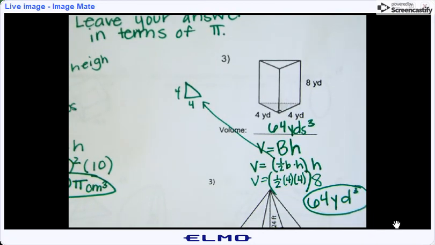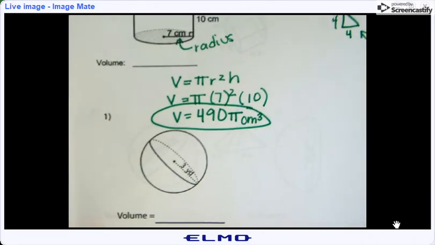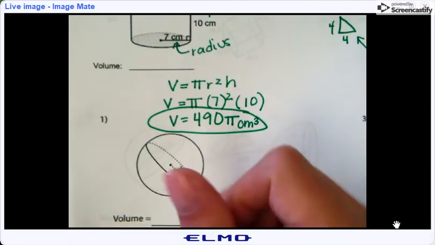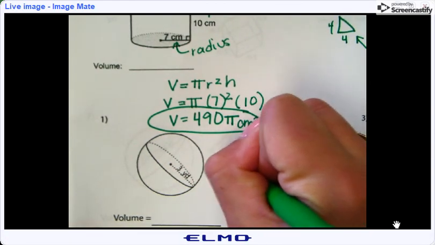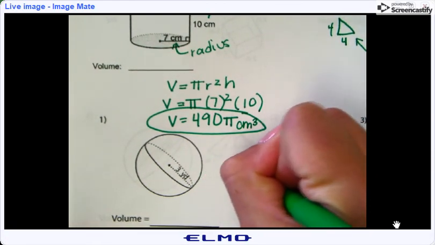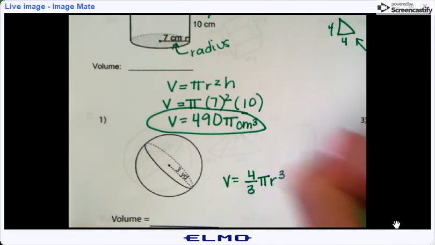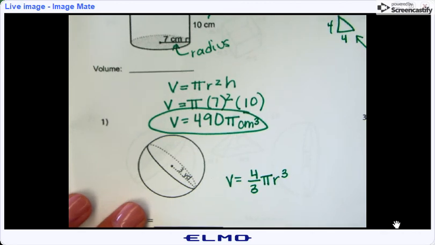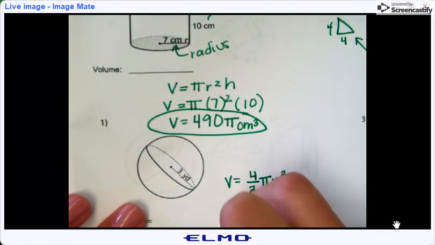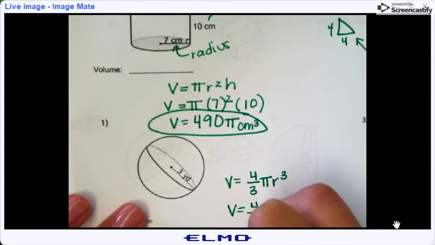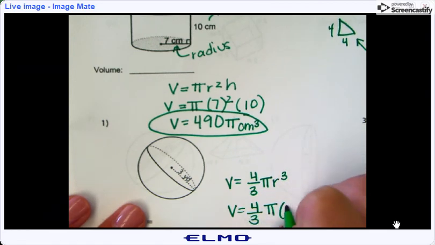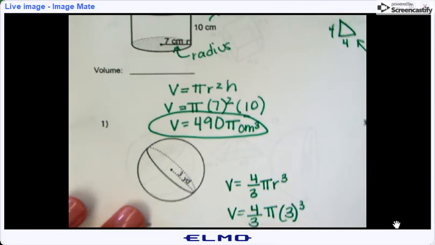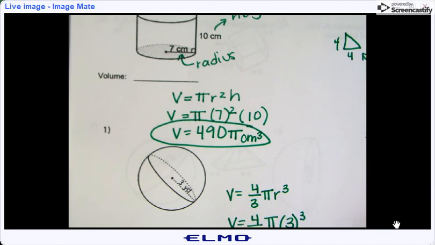64 yards cubed. Okay, for the sphere, you have to look at the sphere volume, so that ends up being 4/3 pi r cubed. And the only thing you need to know for spheres is the radius. So I'm going to plug in 3 where r is. Okay, and all I'm going to do is type this in, except I'm not going to write pi, or I'm not going to multiply pi.